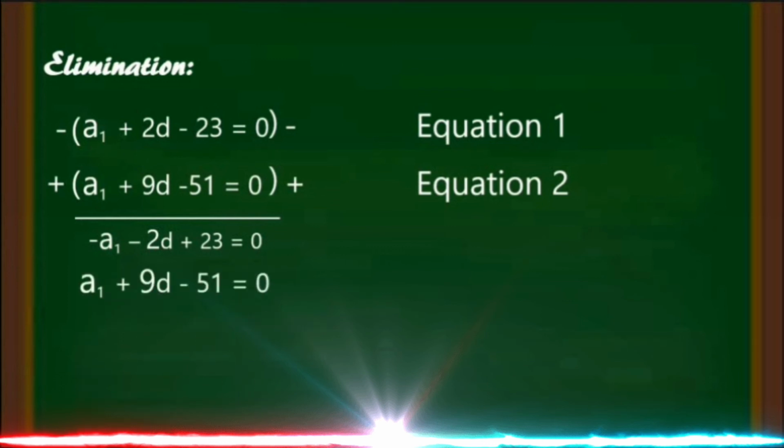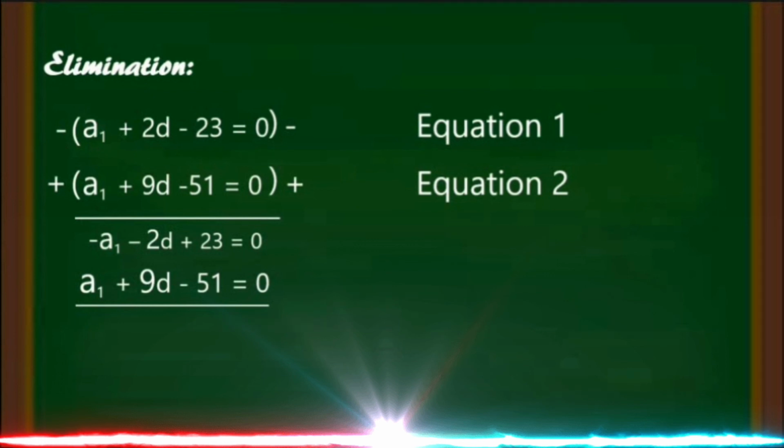In our equation 2, positive times a1 is equal to positive a1. Positive times positive 9d is equal to positive 9d. Positive times negative 51 is equal to negative 51. Then, positive times 0 is equal to 0. So, the next step is we need to add the two equations.